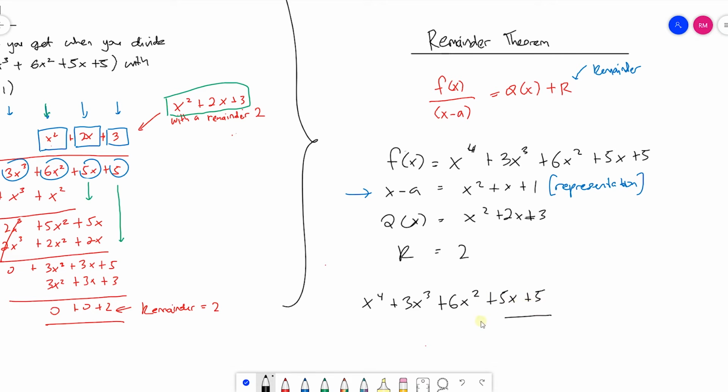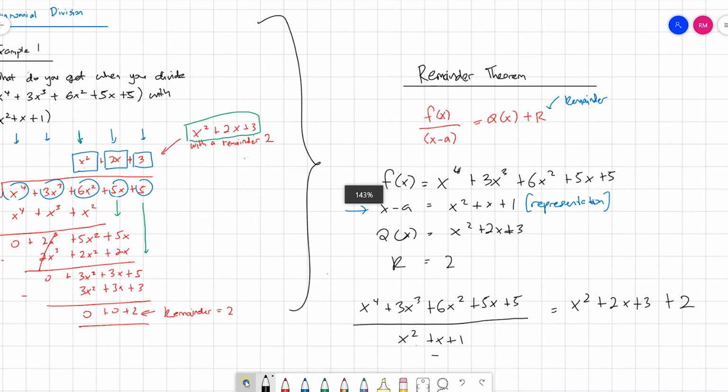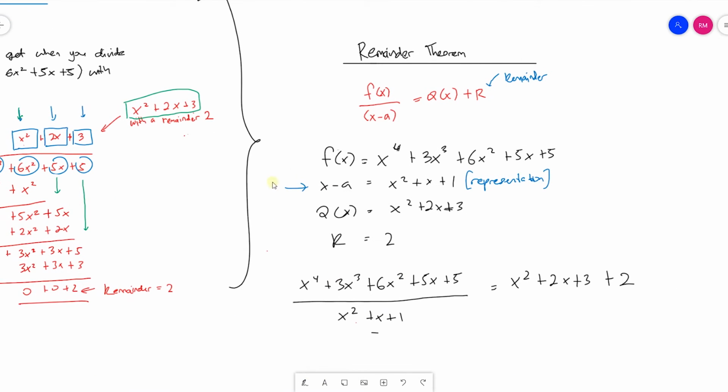When we divide this by x minus a, which is x squared plus x plus 1, we get the answer q(x), which is x squared plus 2x plus 3, plus the remainder. The remainder is 2. So this is what happens if you rewrite the data that we got inside this formula.